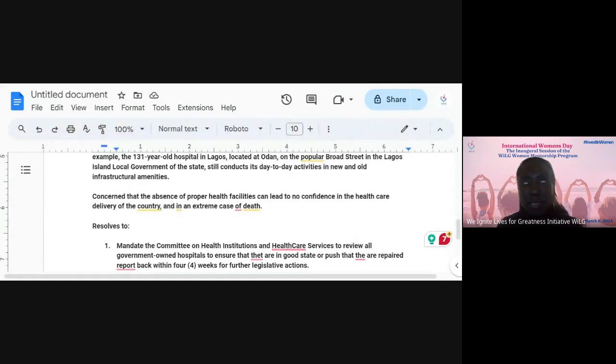Because when they are able to tell them these are the hospitals and the numbers of hospitals that are dilapidated and need funding, it's easier for the members to be aware, so that in the next budgeting cycle, or when they are doing the, what do we call it now? Constituency projects. Then sometimes members will also push for some of their own government hospitals in their locations to be addressed.